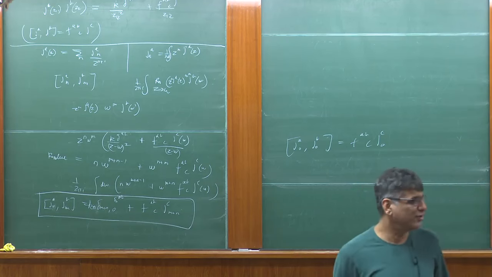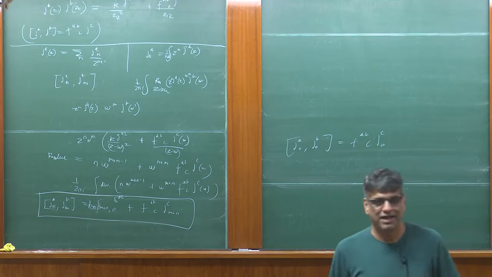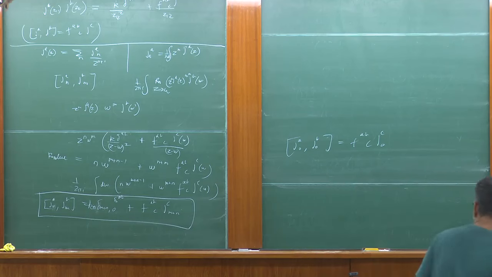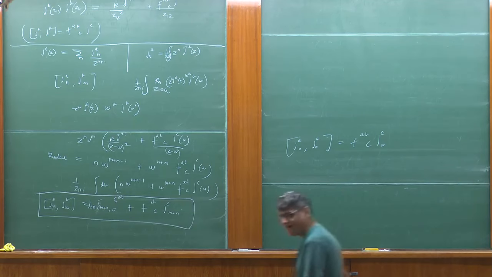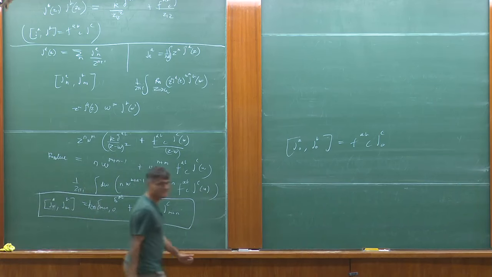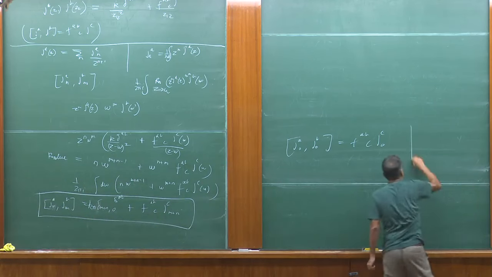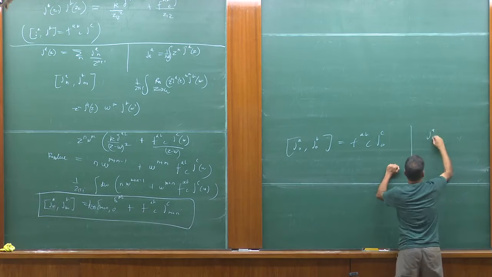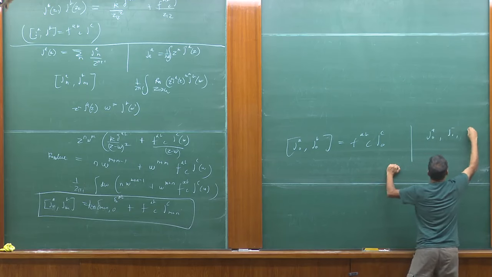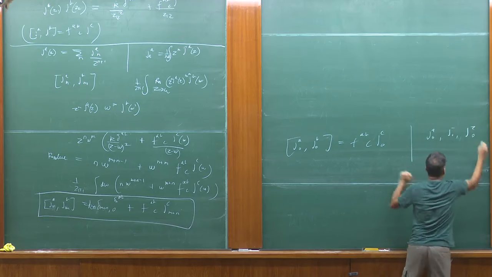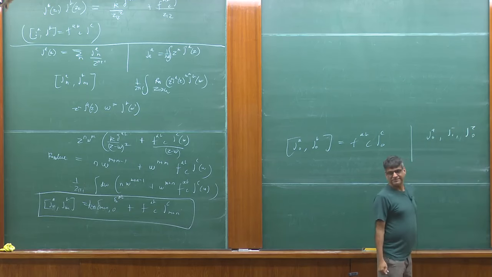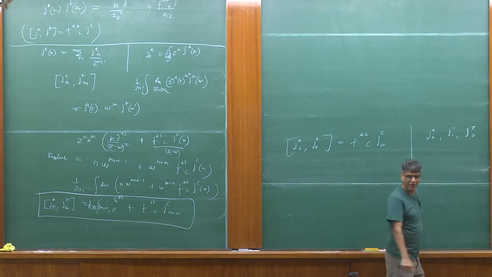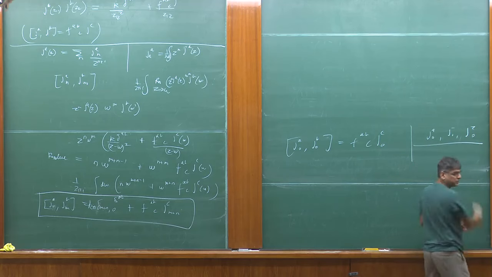We find an SU(2) algebra extends. We find another one, but in a more non-trivial way. And the analog of that here was J plus 0, J minus 0, and Jz 0. I'm just reminding you what we did for SU(2) first.